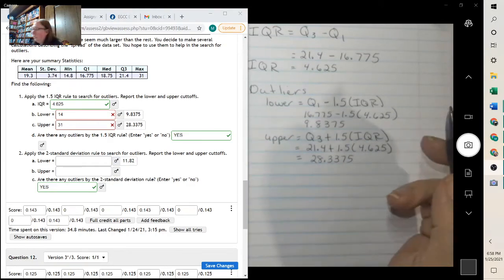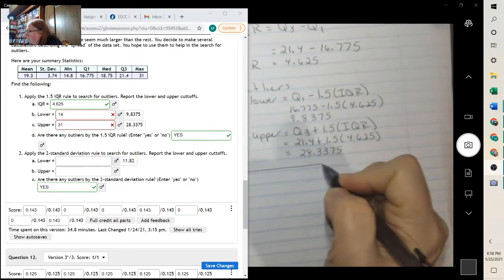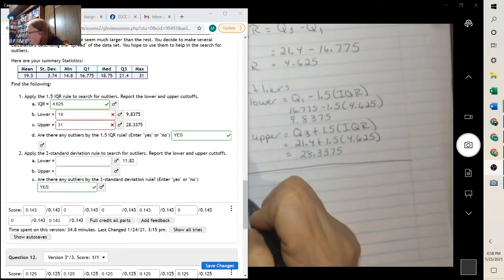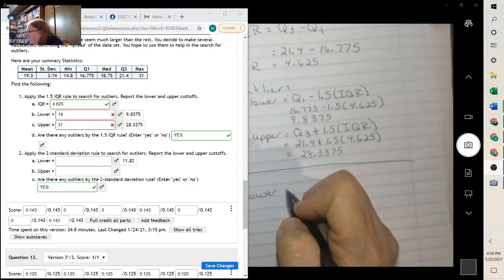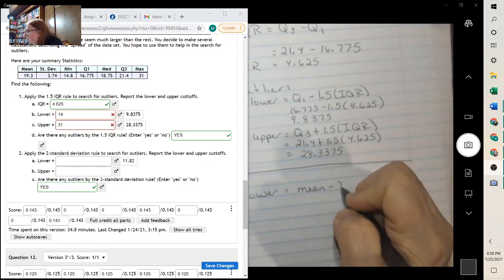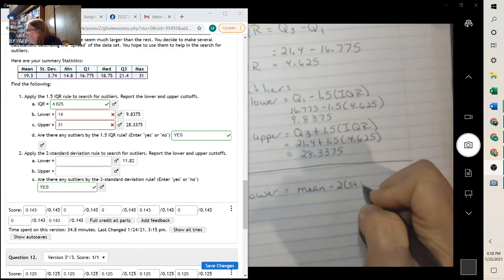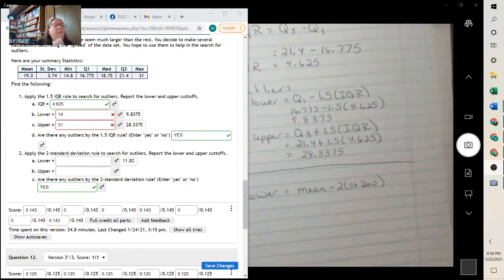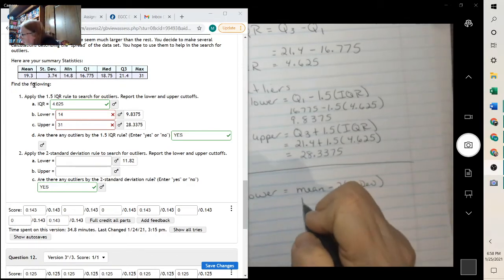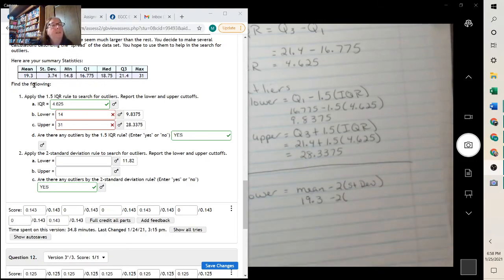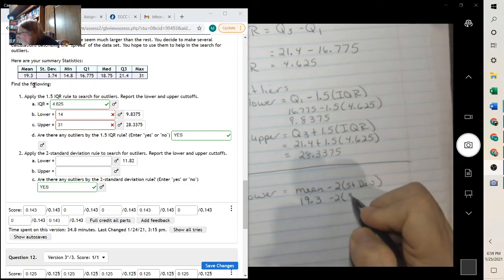So for the 2 standard deviation rule, instead of using the inner quartile range, you use the standard deviation and the mean. So the lower would be mean minus 2 times the standard deviation. And our mean was, looking on this chart, 19.3, minus 2 times, in our standard deviation, 3.74.